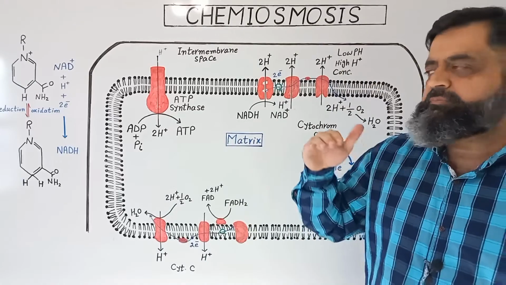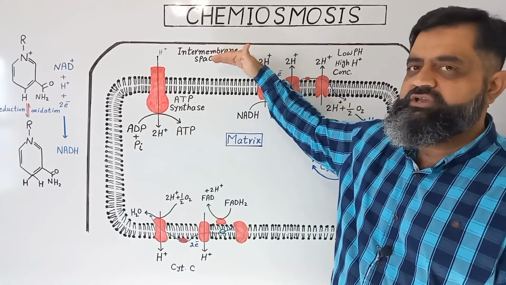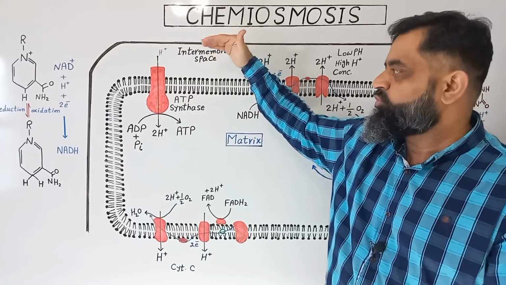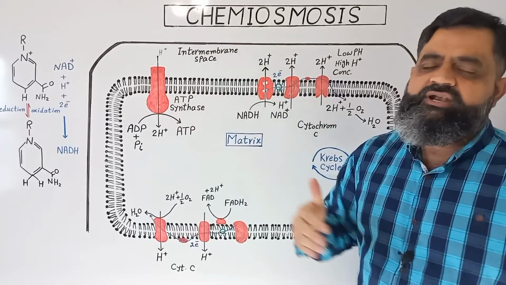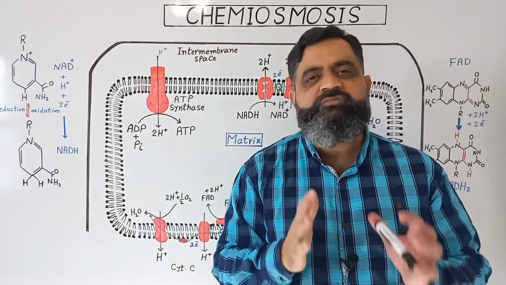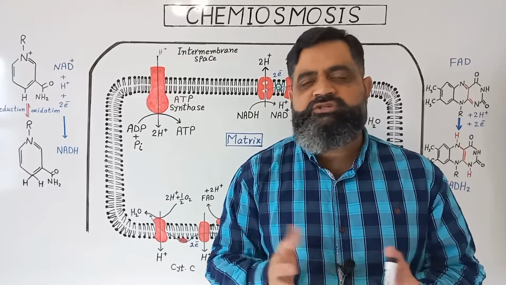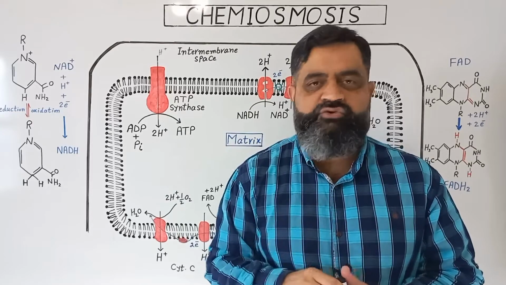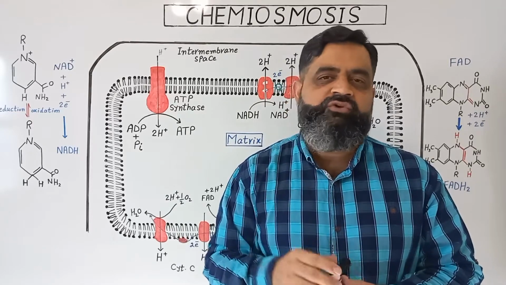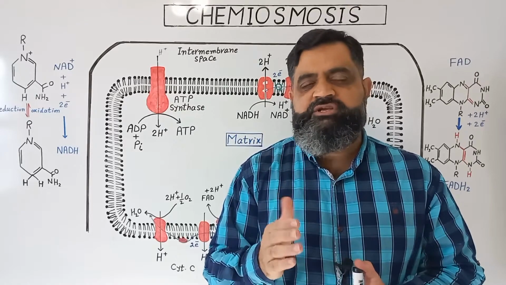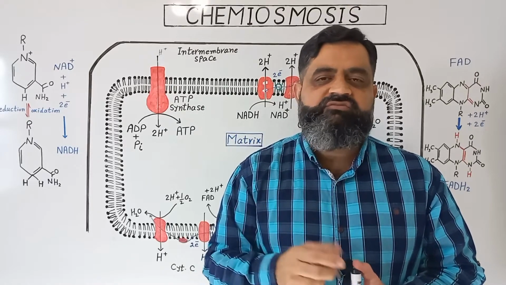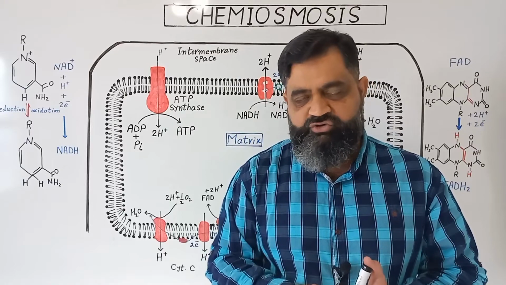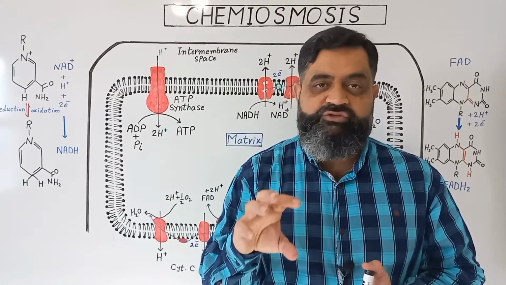So the energy stored in the H positive ions is utilized to produce ATP. There are different methods of production of ATP. As you know, in the chloroplast the process of photosynthesis takes place, and during photosynthesis the light reaction takes place, and during the light reaction cyclic phosphorylation and non-cyclic phosphorylation take place, which is known as photophosphorylation.